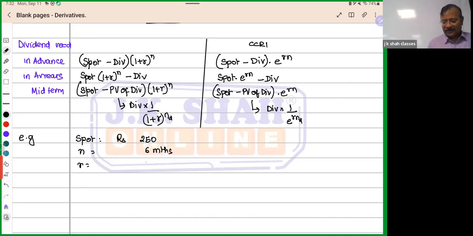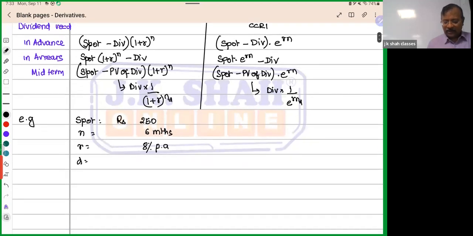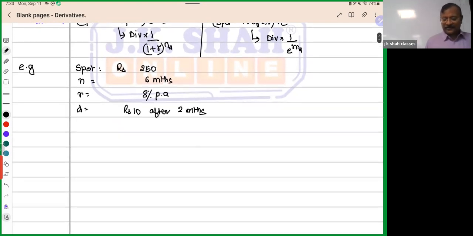R is, let's say, 8% per annum, right? And dividend, you are receiving rupees 10 after 2 months. So what will be the future price? For the future price, first of all, you would need to calculate the PV of dividend, right?